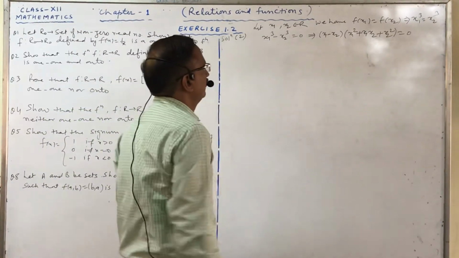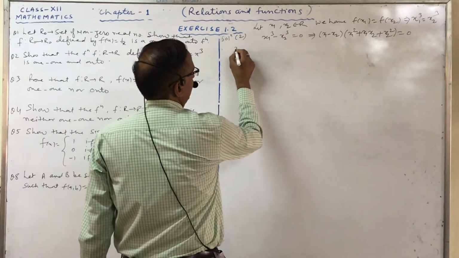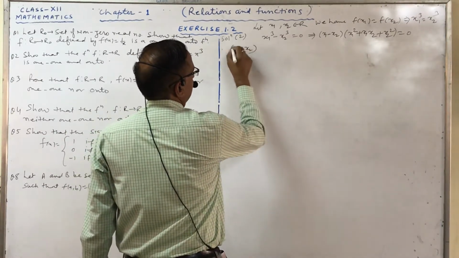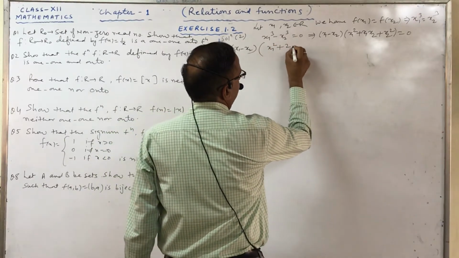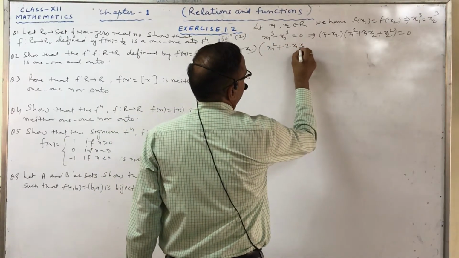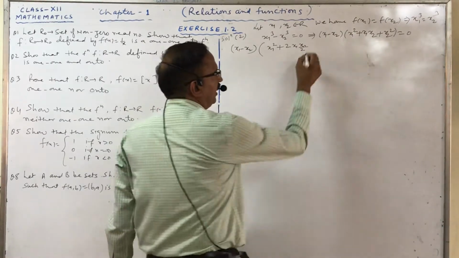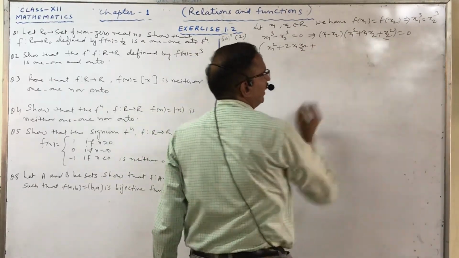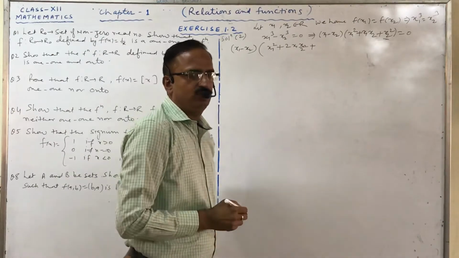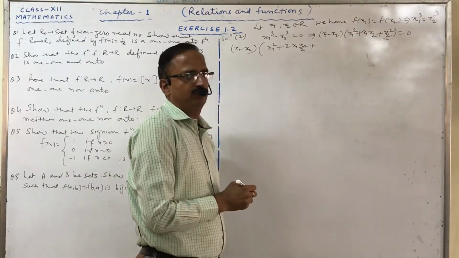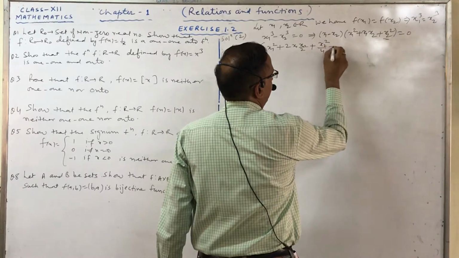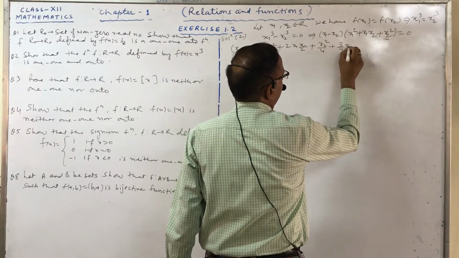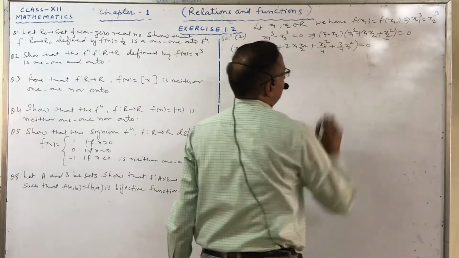factor. So we will write this as x1 square multiplied and divided by 2, and this can be written as x2 square by 4 and 3 by 4 x2 square equals to 0.